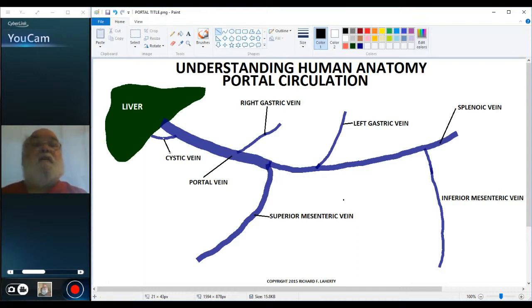Now, another vein, or actually pair of veins, also drain into the portal vein. And these veins I'm going to put in a different shade of blue to distinguish them. And these are the para-umbilical veins.